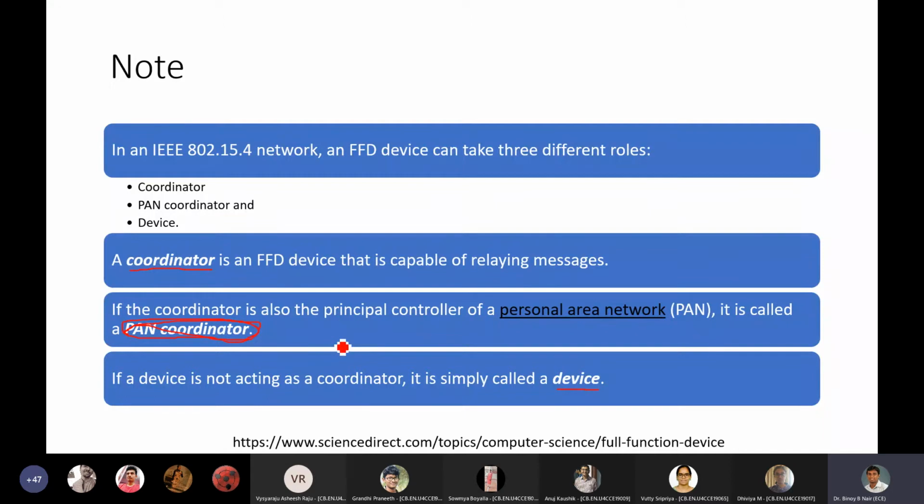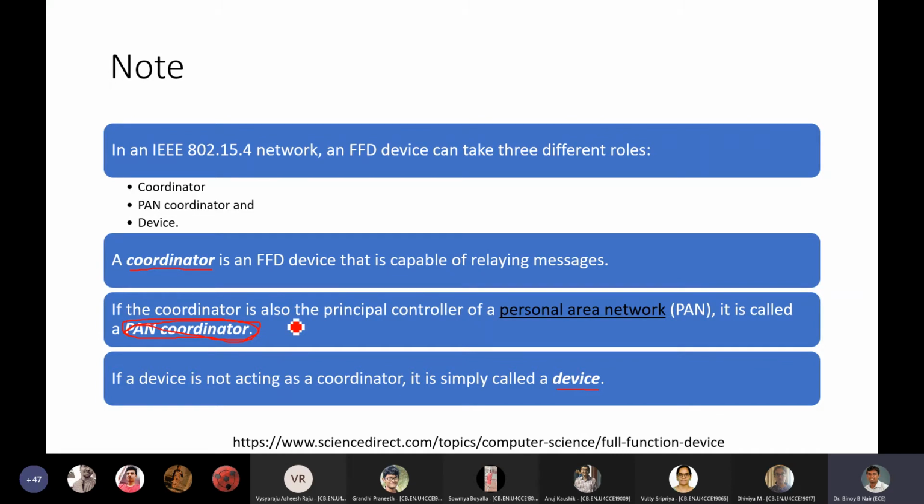Why? Because they have the ability to both transmit and receive data, and also to coordinate which node can transmit and which node cannot at any given point of time. When you are creating a network, there should be some kind of controller which decides when the data transmission from each node should happen, so that collision or clashing of packets can be minimized.